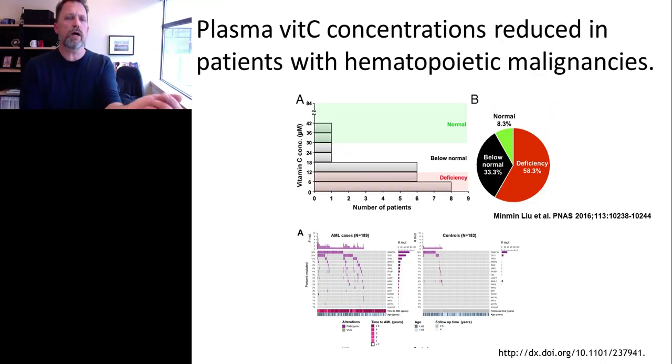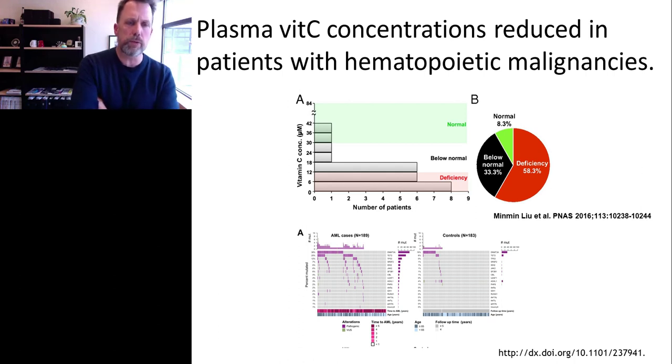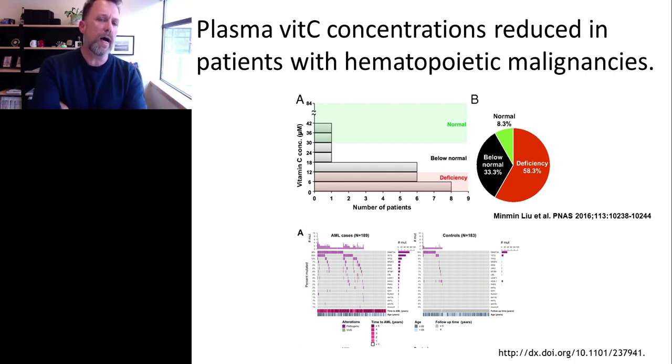Around the same time, another paper was published by Peter Jones's group, which looked at vitamin C levels in patients suffering from a hematopoietic malignancy, and was surprised to find that a majority of patients who were undergoing treatment were vitamin C deficient.